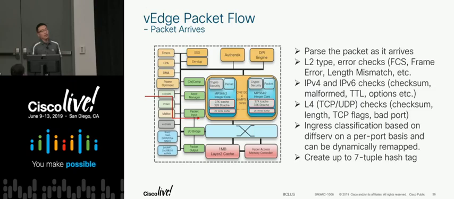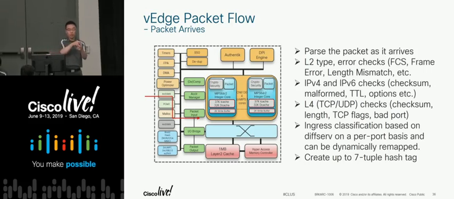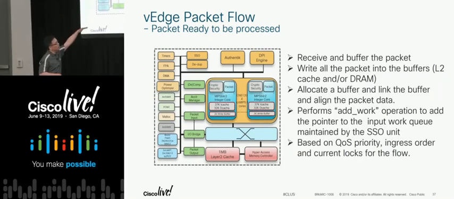As a result, it will create up to a 7-tuple hash: your ingress port, the ToS value, protocol, then the source IP, port, destination IP, and port. And that gets the packet ready to be processed by the MIPS core. Then the packet will be written into the packet buffer memory, that's the layer 2 cache and the DRAM.